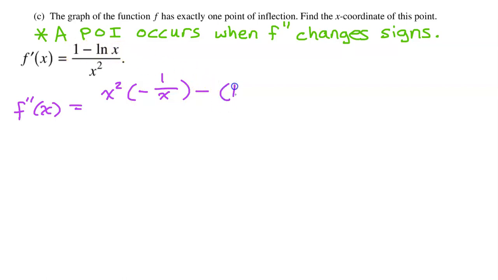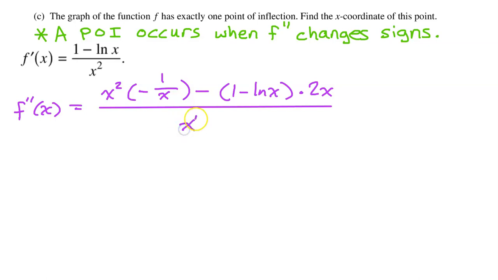High is the numerator, 1 minus natural log x, and d low is the derivative of the denominator. So this will be 2x. Draw the line, and down below the bottom squared will go. Well, x squared squared is x to the 4th power. So this is an expression for the second derivative.